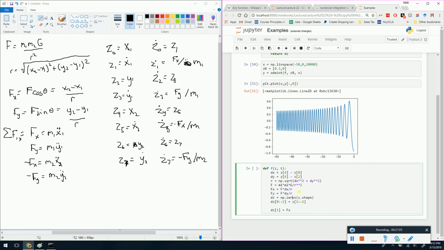Cool. So dz element 1 is equal to fx, dz element 3.